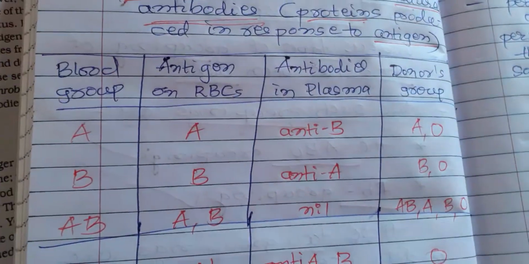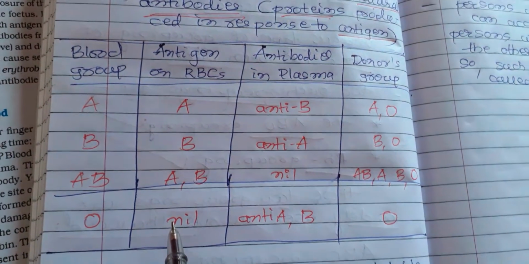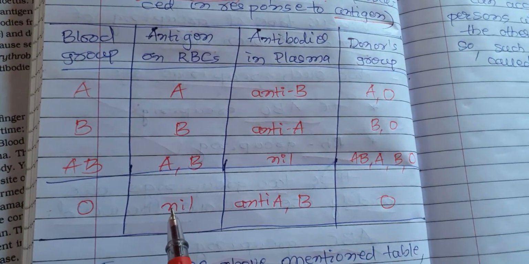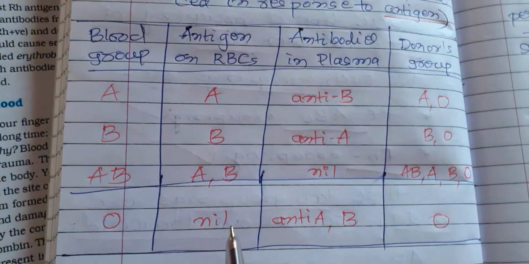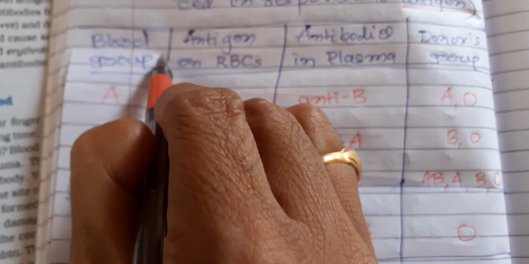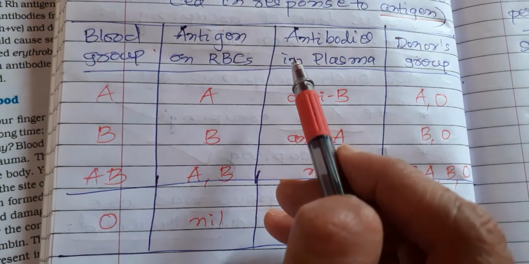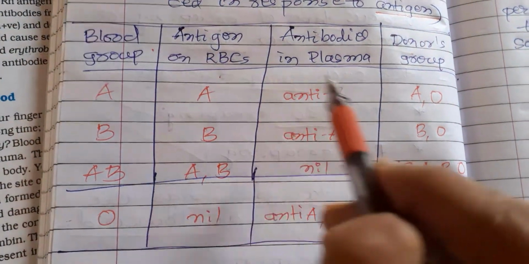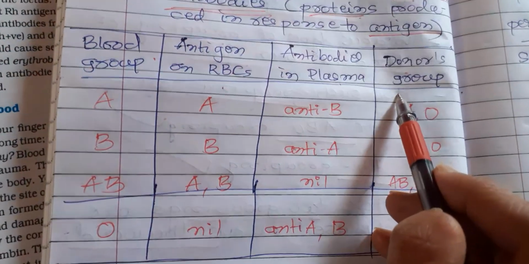You see here, this is the table. In this table we can study about the ABO grouping of bloods. The first column is blood group, second is antigen on the RBC, red blood cells, then antibodies in the plasma, and donors group.